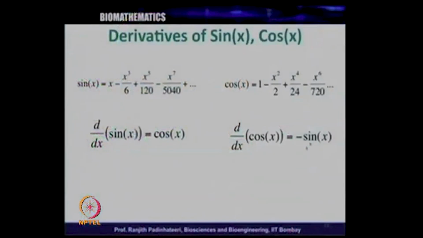For the first, you have to find individual derivatives and sum them, and the other rule is that derivative of x power n is n x power n minus 1. If we use these two rules, we can find the derivative of sin x and cos x, and you will see that sin x derivative is nothing but cos x, and the derivative of cos x is minus of sin x.